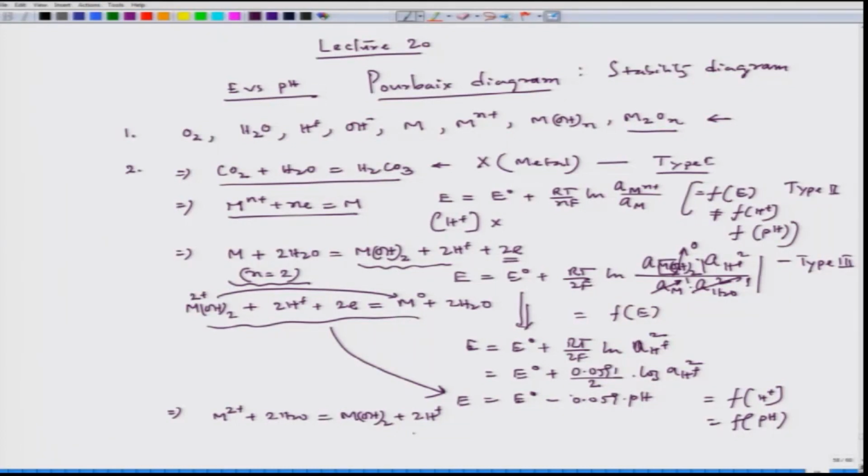So, this reaction we can also have, where you see that it does not involve any electron. If there is no involvement of electrons, we cannot express the equilibrium for this particular reaction in terms of potential. We cannot express it. But this is a chemical reaction.